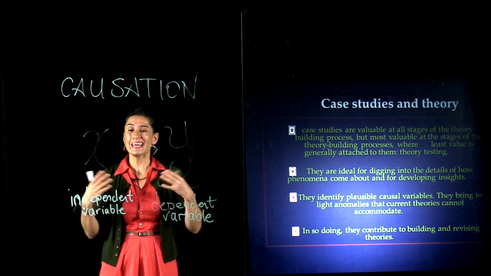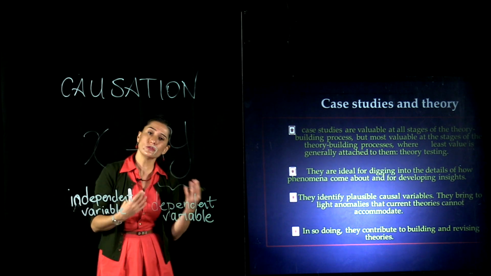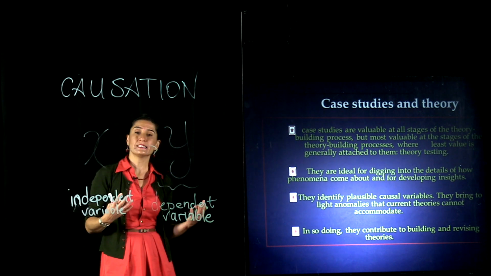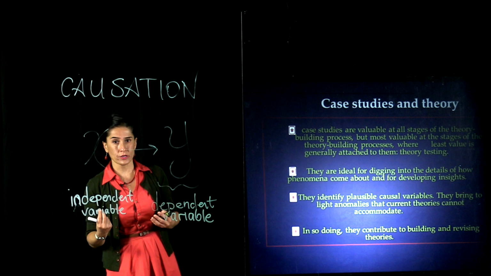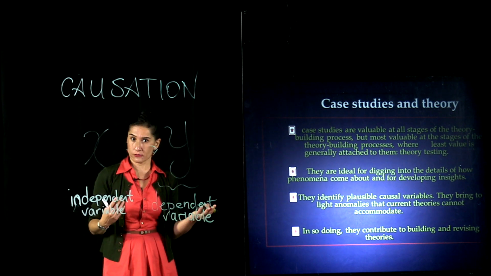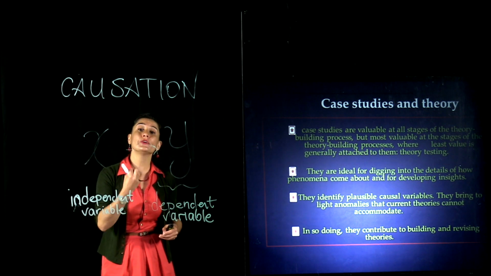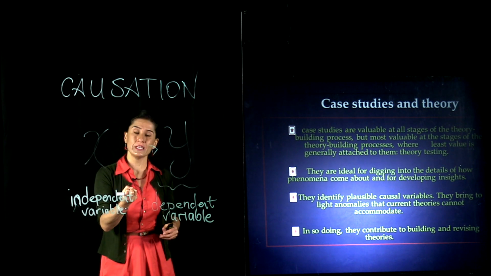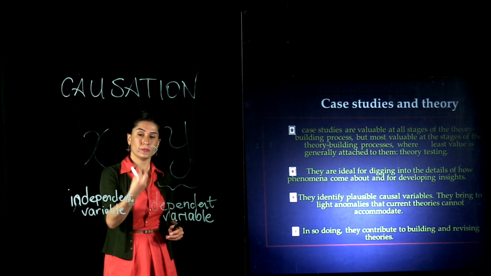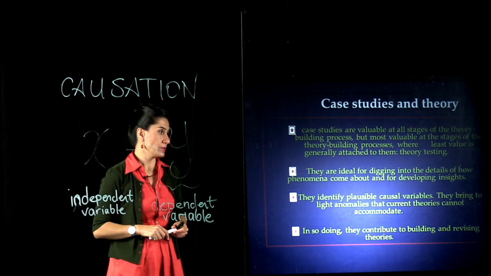But to test a theory, it is usually argued that case studies are weaker compared to other strategies in testing theories. It is usually for theory building, for theory formation, okay, of a particular explanation.